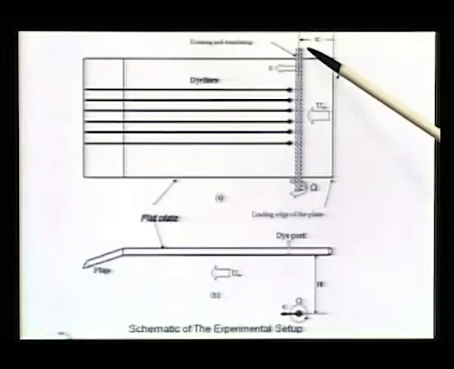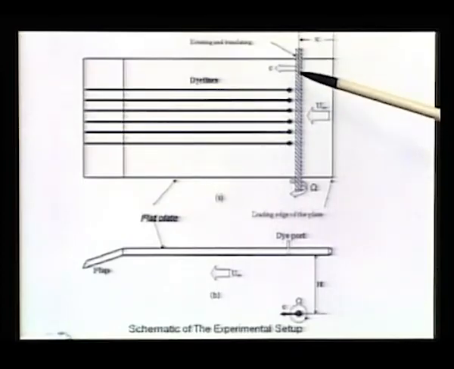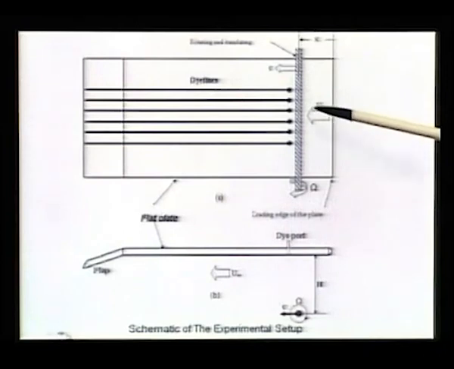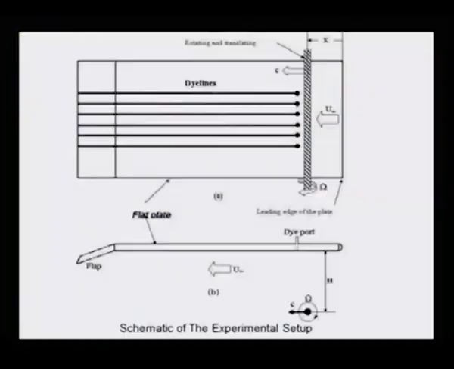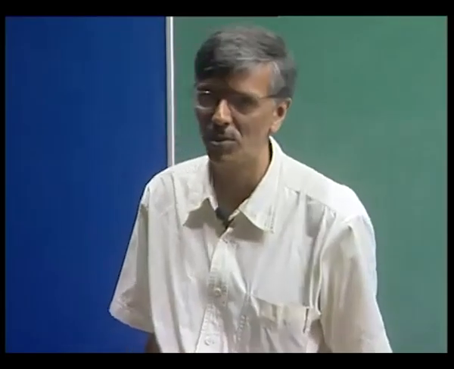So what you do is you have this rotating cylinder, the flow is this way, and this cylinder is moved at a different speed, so c is not equal to infinity. And how do you visualize the flow? You create dye holes, and through there we simply injected food dye.